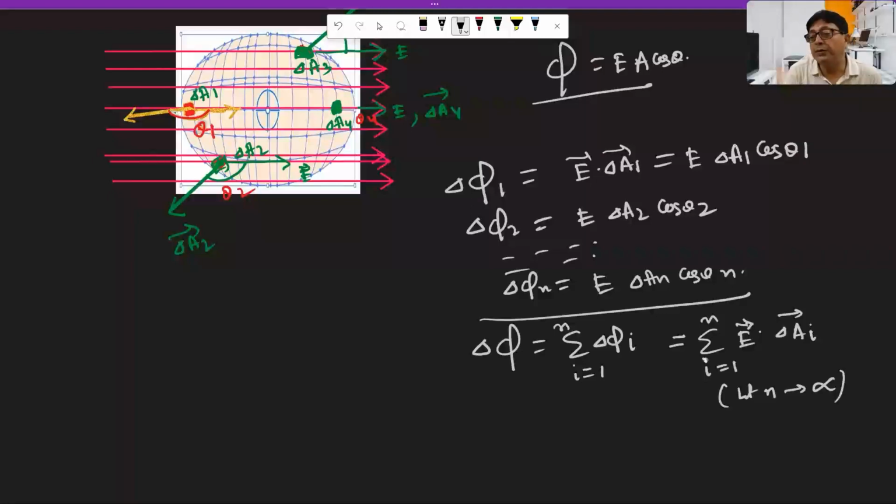If we use the integral calculus concept here, this phi, don't write delta phi, phi is equal to this thing, that is the summation of all those delta phi parts. This is phi total equal to this thing. So phi total, or phi out, is going to be what?